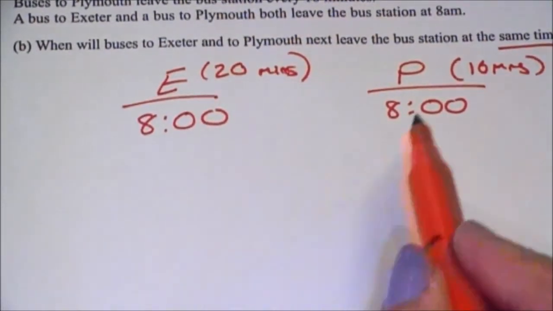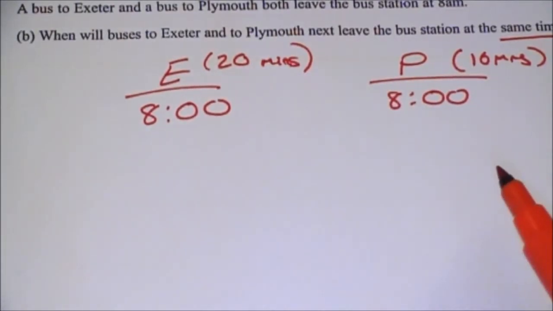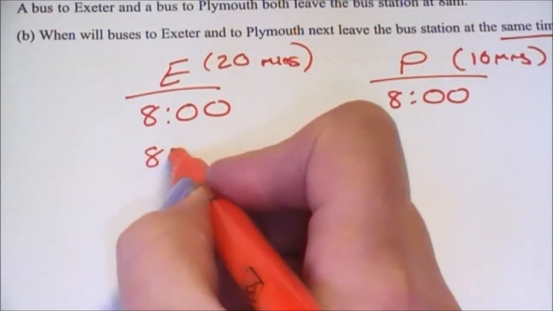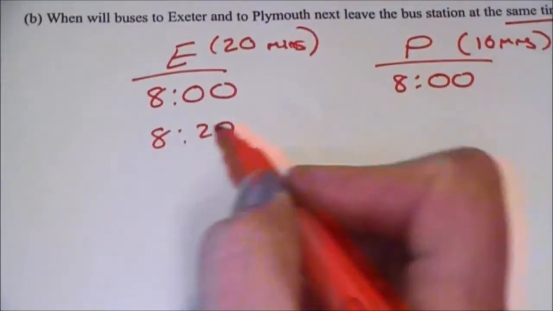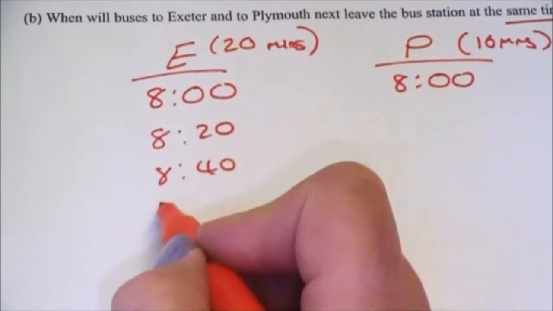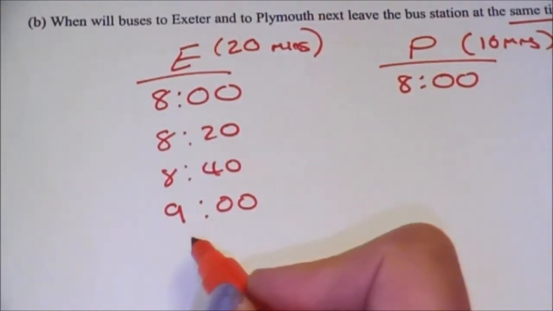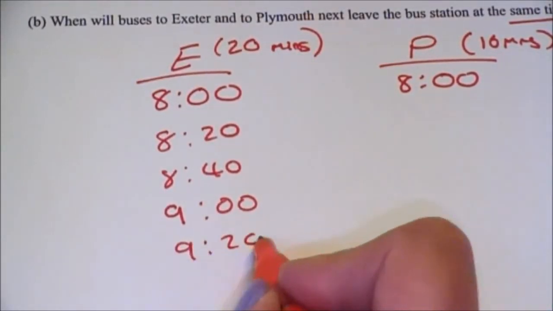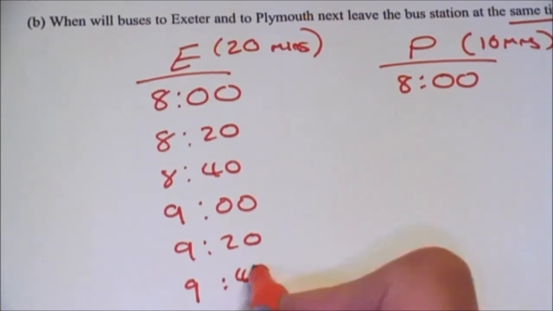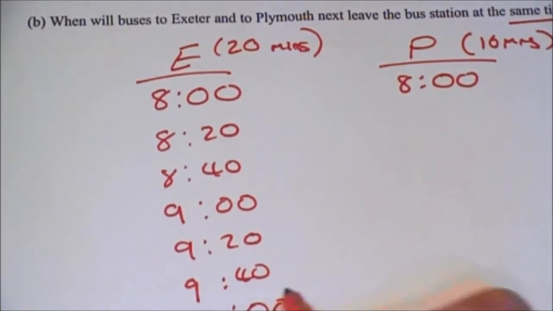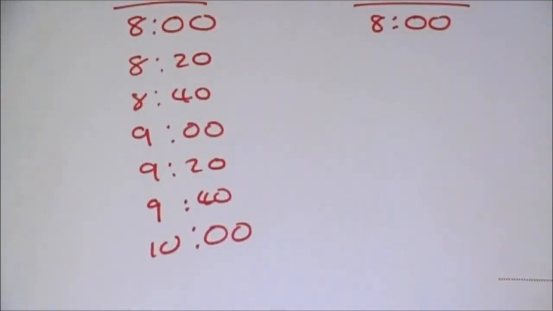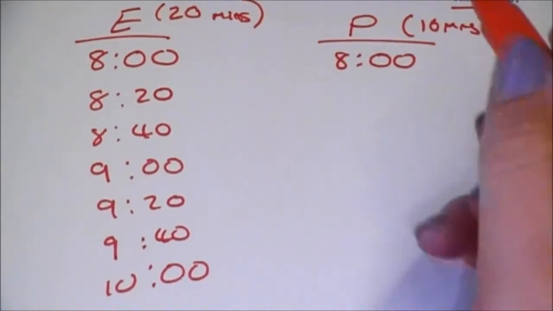And I'm literally going to list the times until I find one that's the same. So there'd be 8, and then there'd be the 8:20, there'd be the 8:40, then there'd be the 9 o'clock. Then we'd have the 9:20, then we'd have the 9:40, then we'd have the 10 o'clock. So I'm going to hold up when I get to 10 o'clock and have a look at the Plymouth ones.